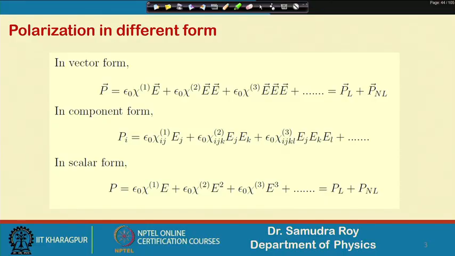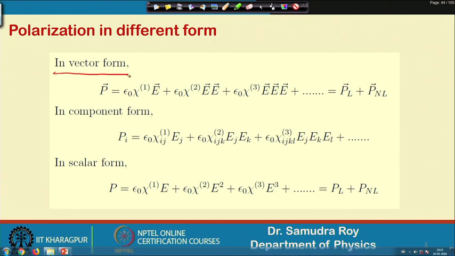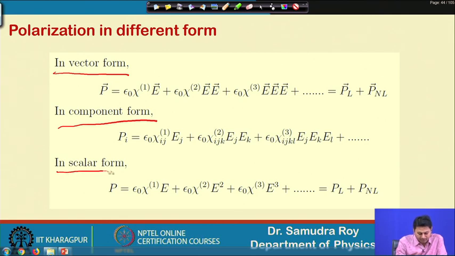So, first, polarization has different forms. If I look at this slide, you will find there are three forms written here. One is in vector form, that is the first one, then one is a component form, and then a scalar form.